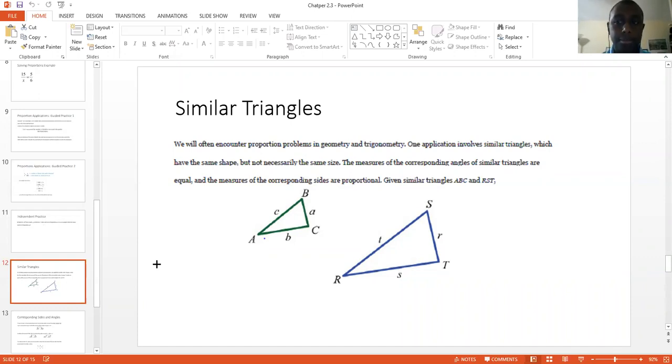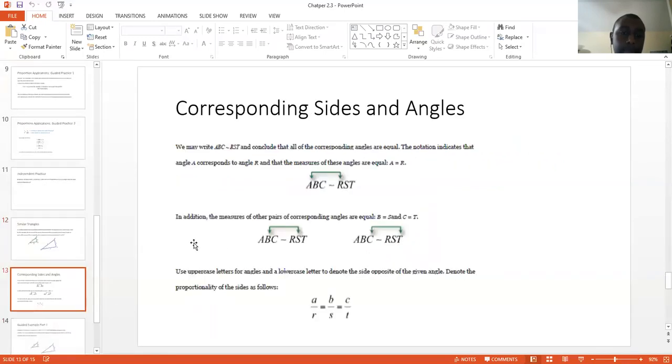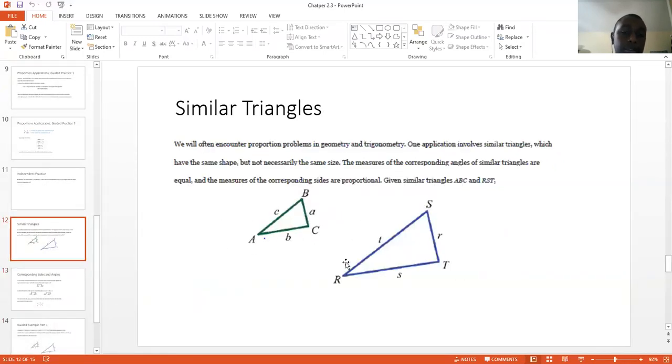Triangle ABC and triangle RST are similar. Angle A and angle R are the same. Angle B and angle S are the same. And angle C and angle T are the same.